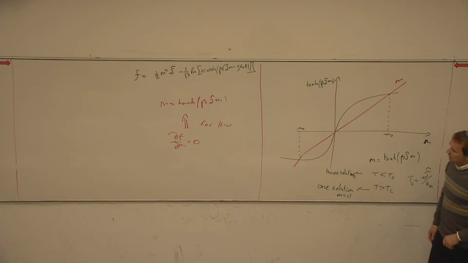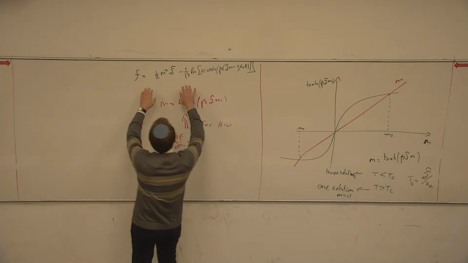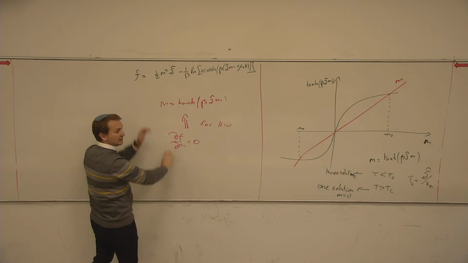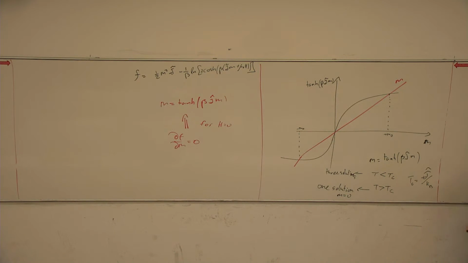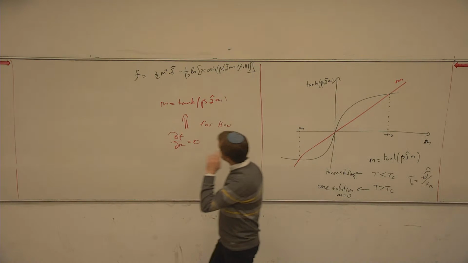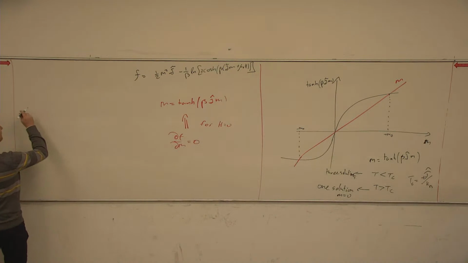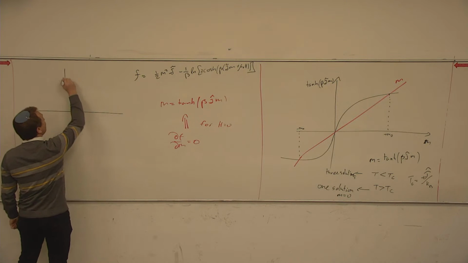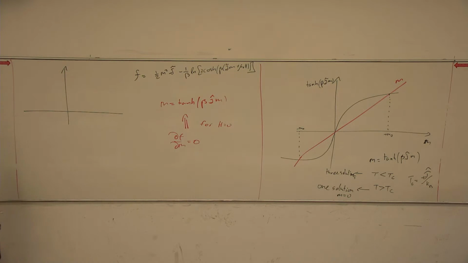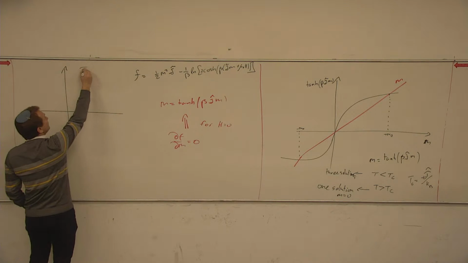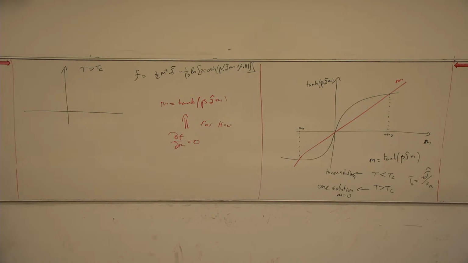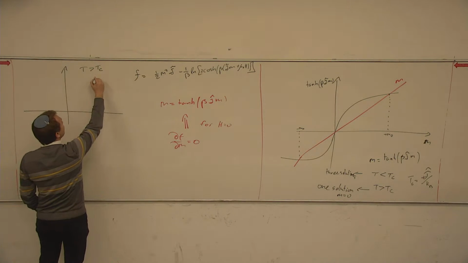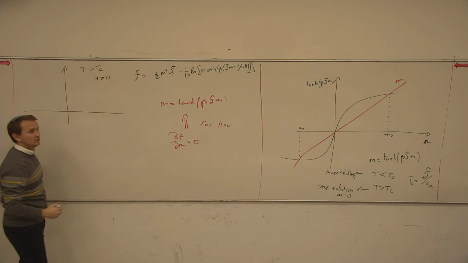Now let's look at what exactly happens to this free energy when we plot it as a function of M. So let's start from sufficiently high temperature. We are at T larger than Tc, and we are at H larger than 0.